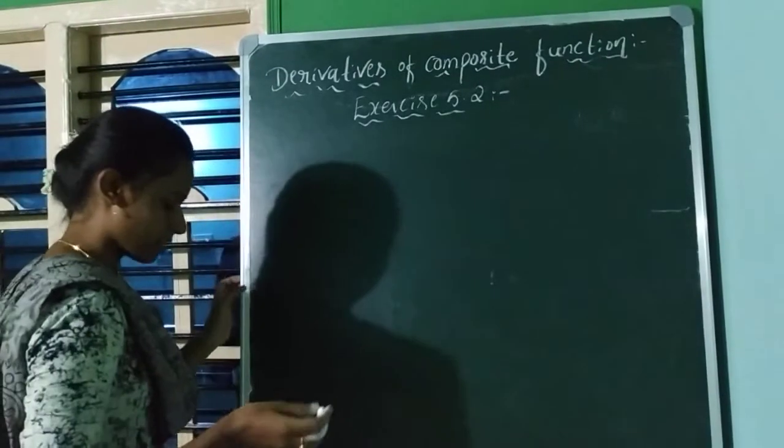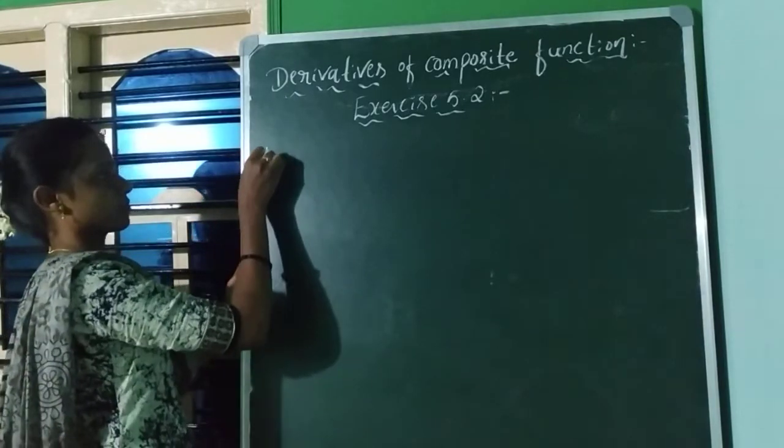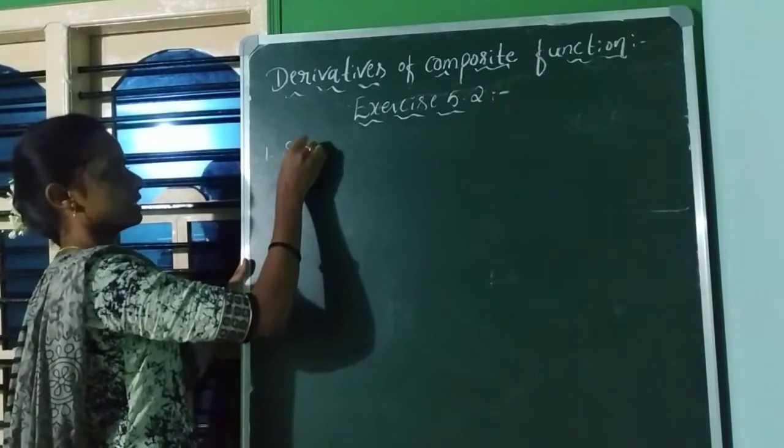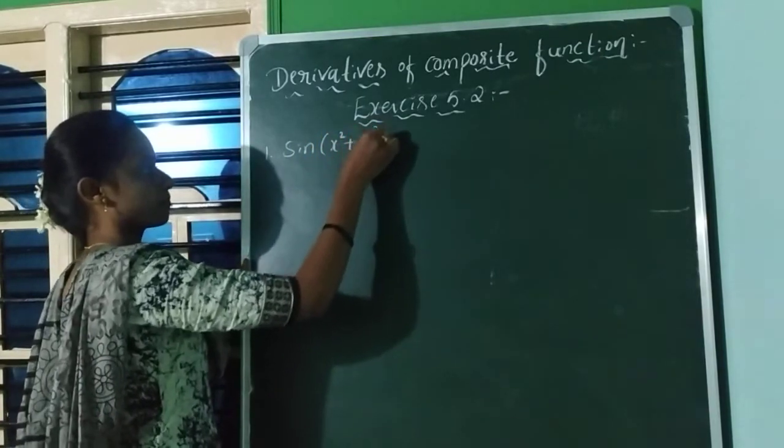Now in that, the first one is sine of x squared plus 5. Find the derivative of sine of x squared plus 5.